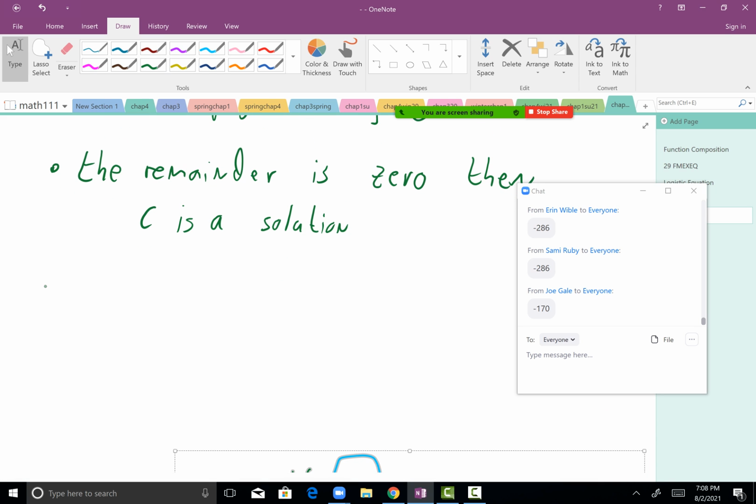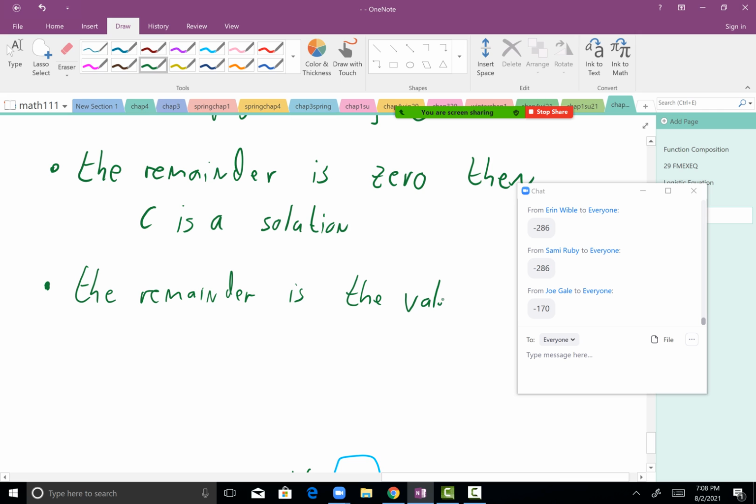So it also says that the remainder is the value of the function at c.